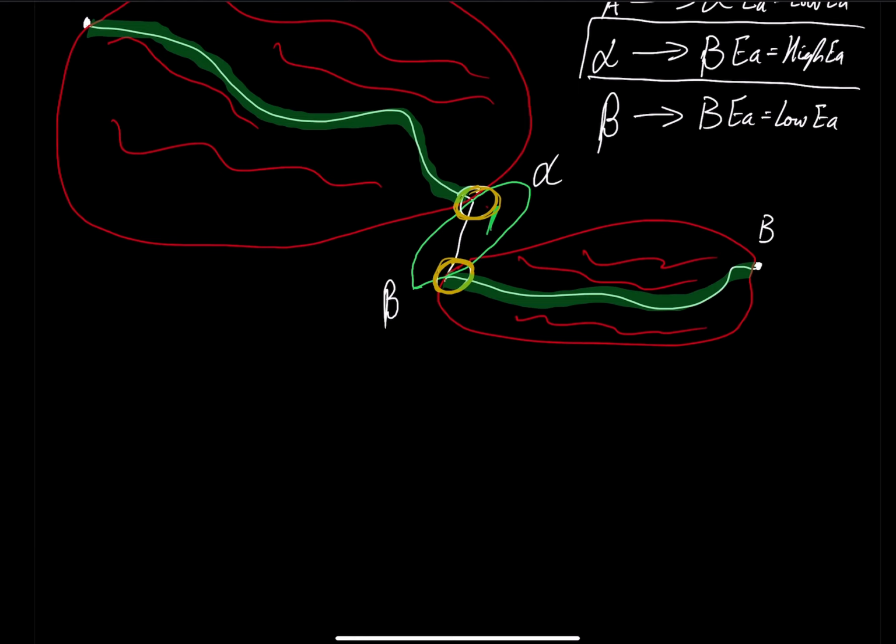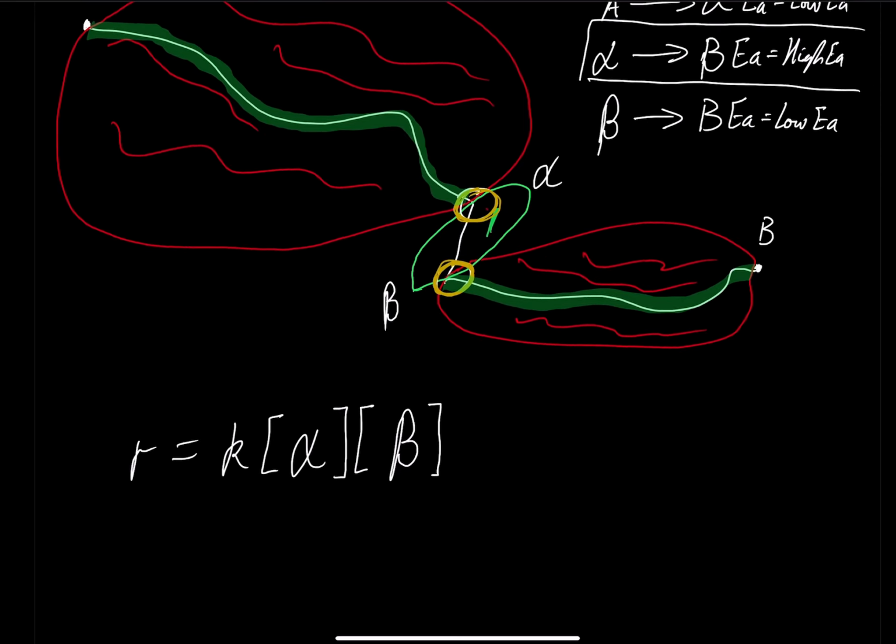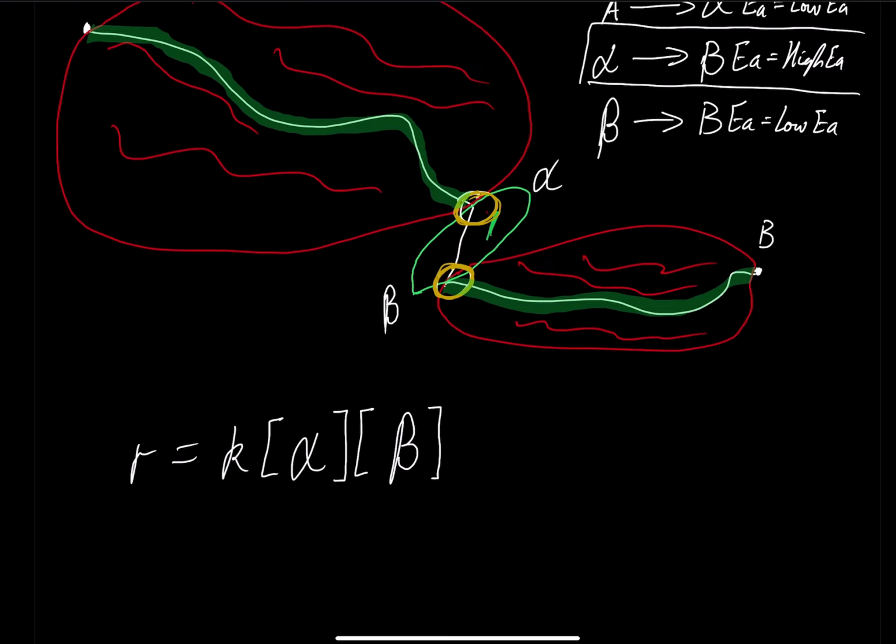All right, so I hope you tried to do it. How I would write that one is rate equals k[alpha][beta].